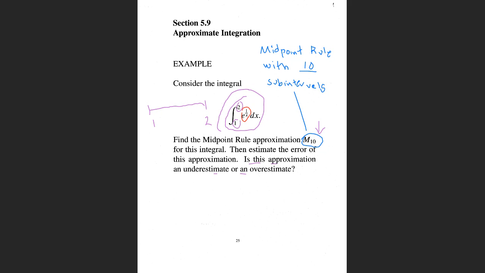Okay. Well, let's look at our solution here. I'm going to give you some time to copy, but let me comment a little on this picture. You can see I have an interval that goes from 1 to 2 because a was equal to 1 and b was equal to 2.